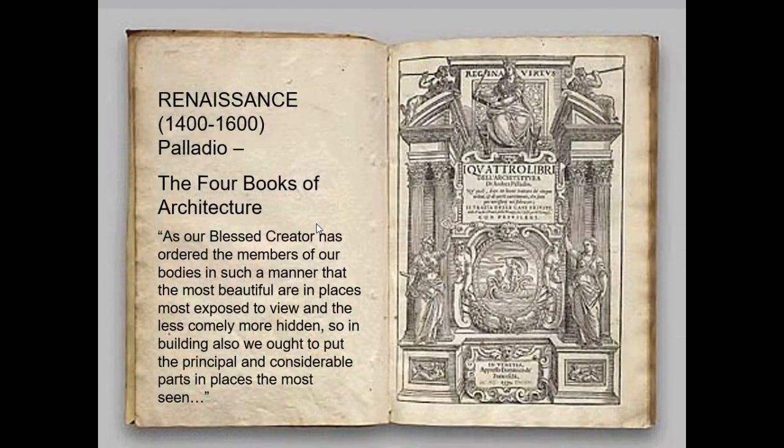When we move into the Renaissance, we see a renewed interest in the architectural styles of Greece and Rome, and we see that particularly with the architect and author Palladio. After his death, Palladio's writings were published in what became known as the Four Books of Architecture, and those books were published and republished for hundreds of years.